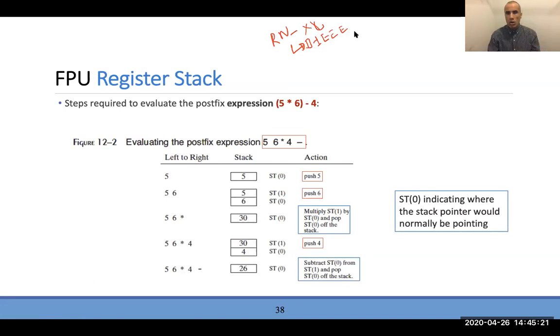So now we know how real numbers as data are stored in the system using the x86. We also looked at how the FPU, the floating point unit, works in terms of processing real numbers.